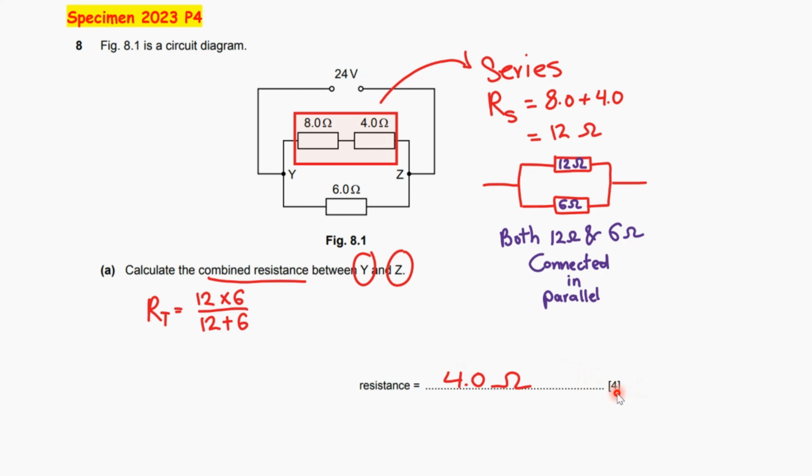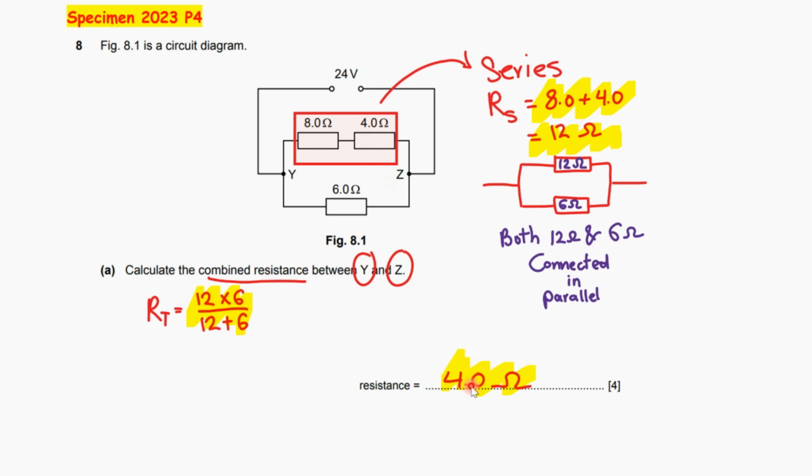How can I mark my paper? For the 4 marks, 1 mark for the correct substitution and the final correct answer for the first part for the series connection, and the third and fourth marks for the correct substitution and the final correct numerical answer with the unit. Keep in mind that we have two significant figures here.